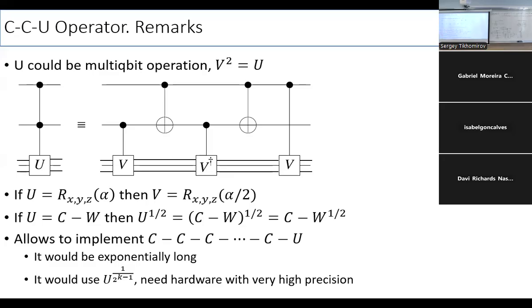So we reduce the number of controls by 1, and we can continue this procedure until we get to the end.